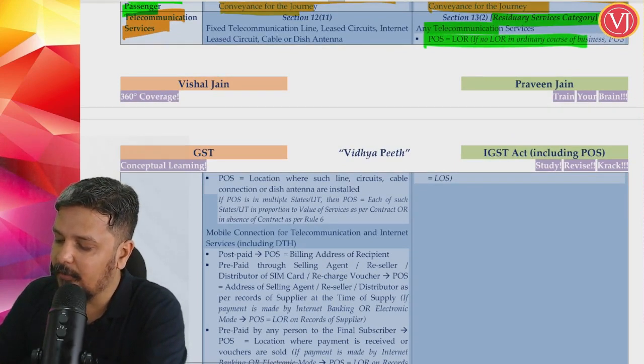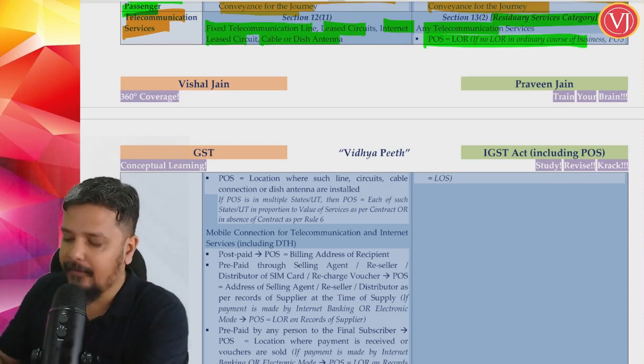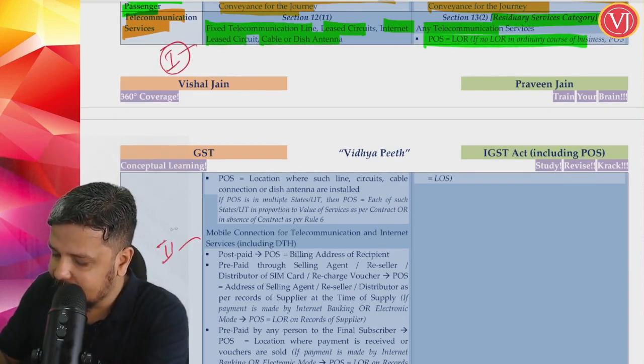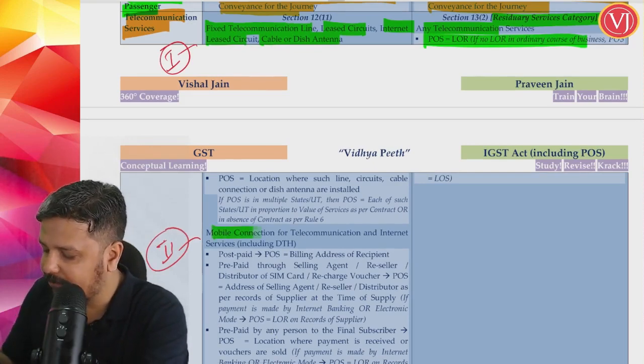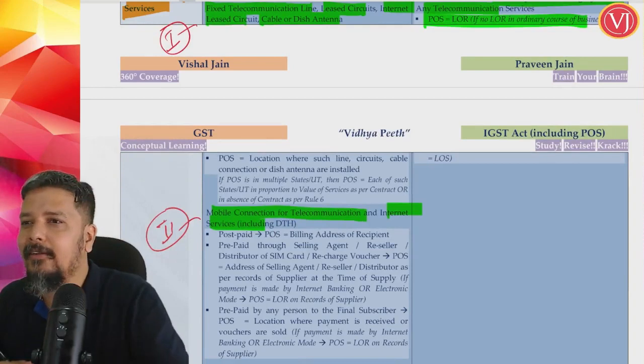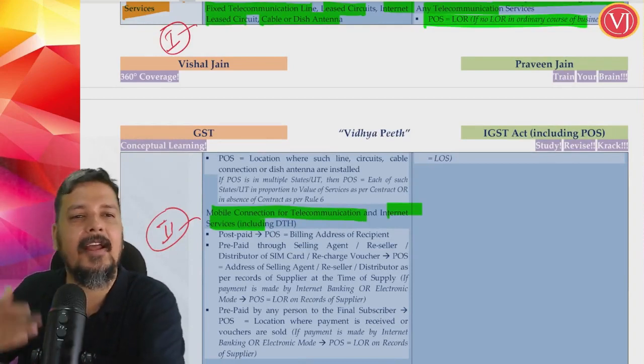If at all, you have to split. First category, if you are talking about a fixed telecommunication line, lease circuits, internet lease circuit or cable or dish antenna. That is the first category. Second category, you are talking about your mobile connection or internet services. See, one is with a particular telecommunication line, one is wireless.